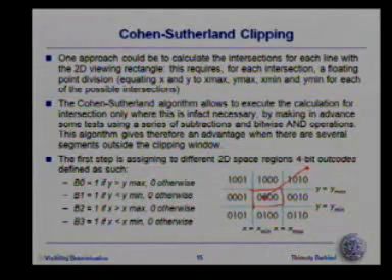This endpoint has outcode 0000. This endpoint has outcode 1010. The idea of Cohen-Sutherland is to determine the outcodes of the endpoints, apply the Cohen-Sutherland rules to the two outcodes, and decide if it is all inside, all outside, or partially inside or outside, without making any intersection.